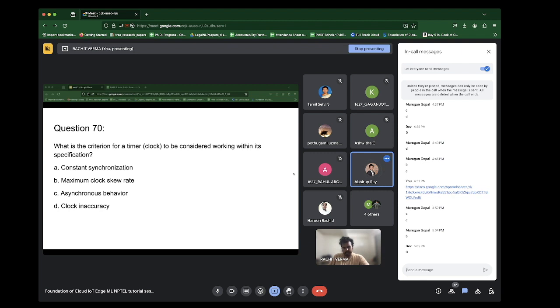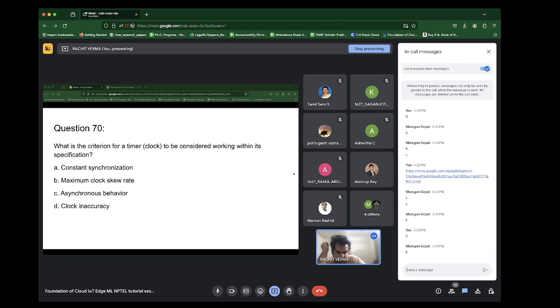Yes, you're right. So the maximum clock skew rate is actually the specification that is used. I think you must have seen the dC/dt plots, with dC/dt less than 1, greater than 1, or equal to 1. It is in that context that we use this maximum clock skew rate, and the others aren't even criteria.